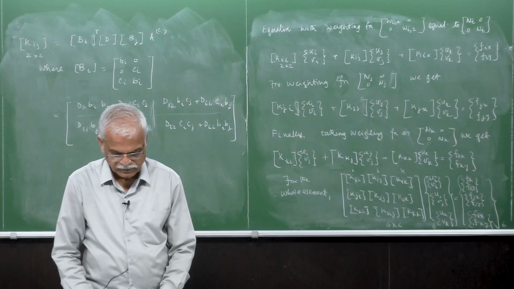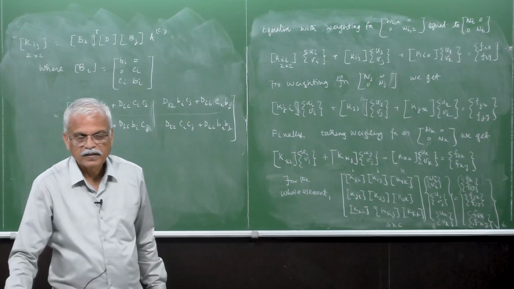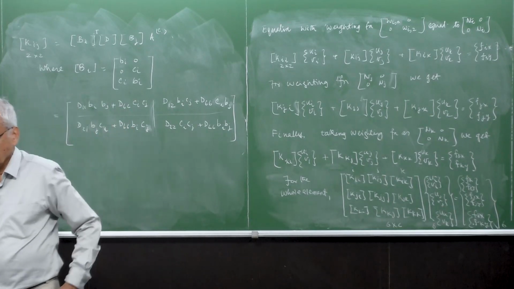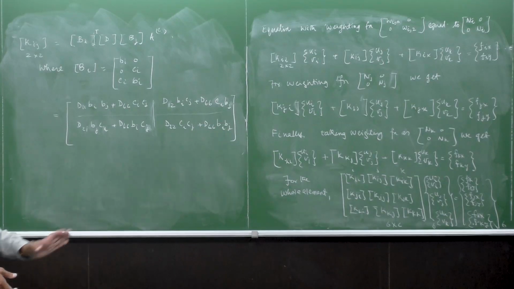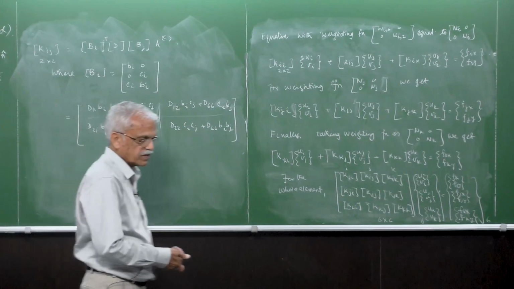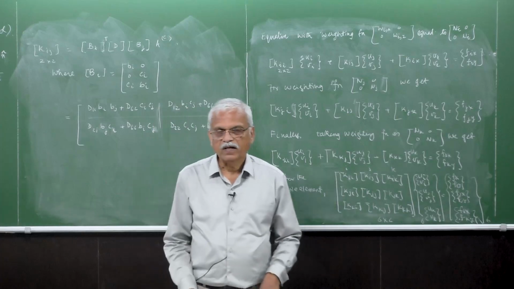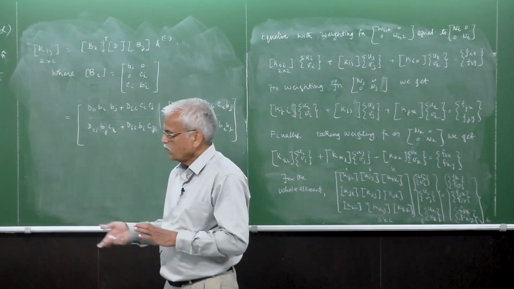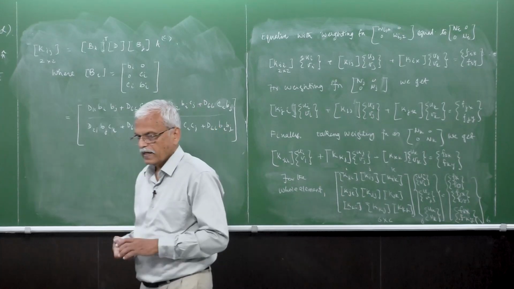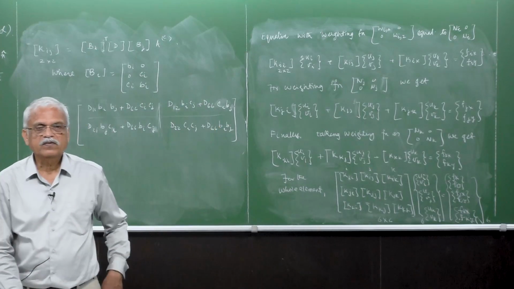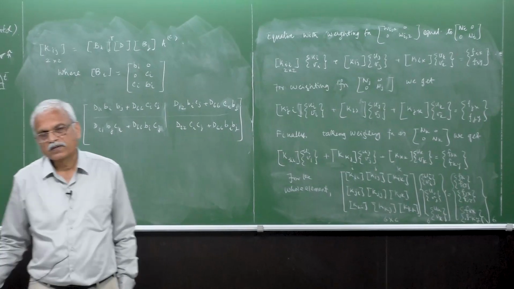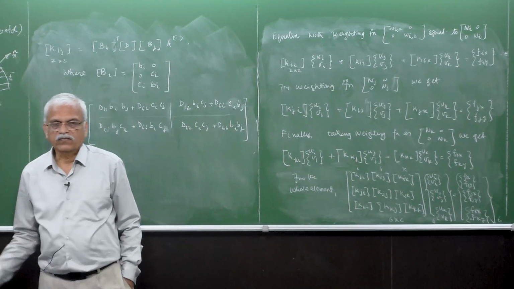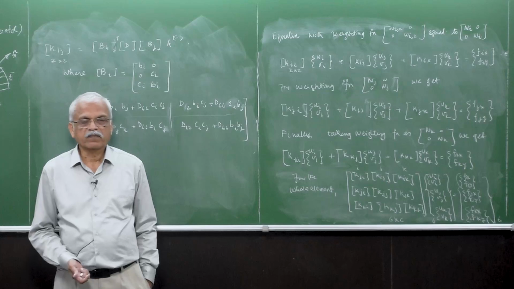Okay. So the approach here is a very generalized approach based on the method of weighted residuals, given the governing equation in terms of differential equations. So two equations are given here, and we have to deal with them simultaneously. In fact, you can even extend this for more variables.